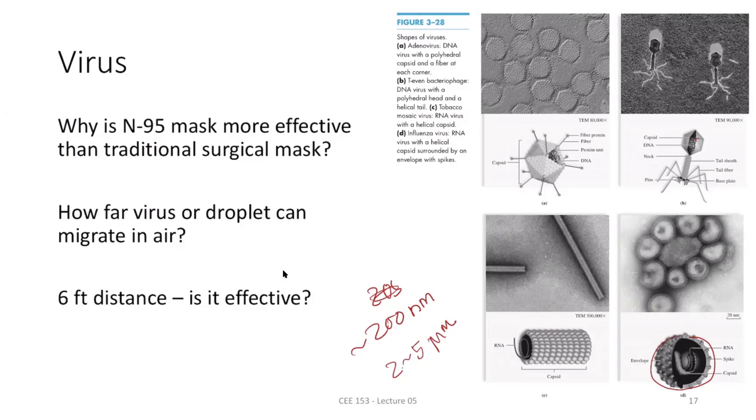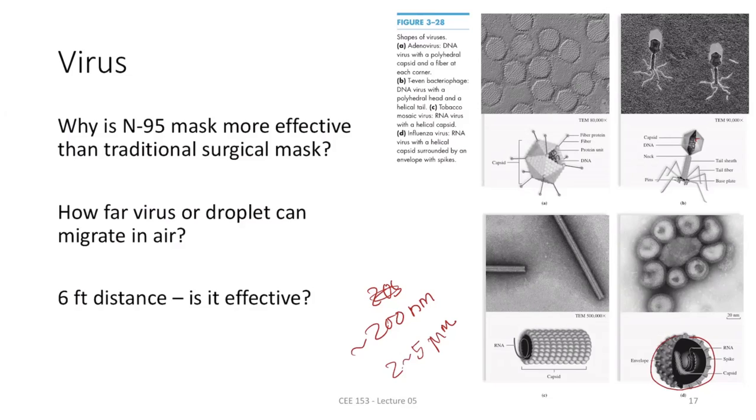So that's the concept. But now let's think of answering these questions. Why is an N95 mask more effective than a traditional surgical mask? Any student volunteers? Because it has to do with the filtration process. Yes, Ramiro. That's based on the size of the filters that N95 has.